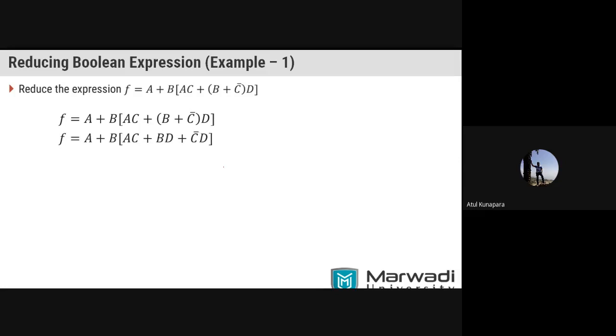So first of all, you can see what we have done. We have applied a rule over here on B plus C bar into D. It is the distributive rule, so you can say B into D plus C bar into D. You can write this kind of note beside the step, that I have applied the distributive rule in this step.